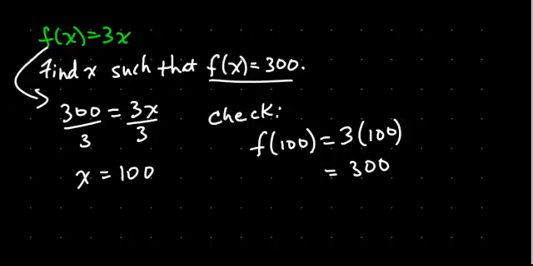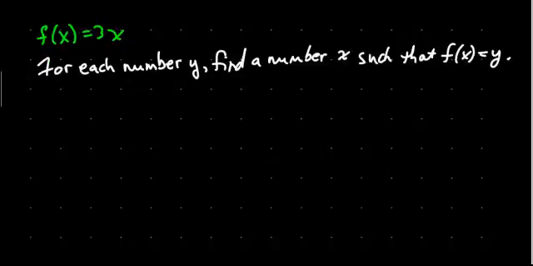Okay, now let's try another one. This time we have f of x equals 3x, and for each number y, find the number x such that f of x equals y. And this is going to actually be finding our inverse function. So here we have f of x equals y. So where there's an f of x, set it equal to y.